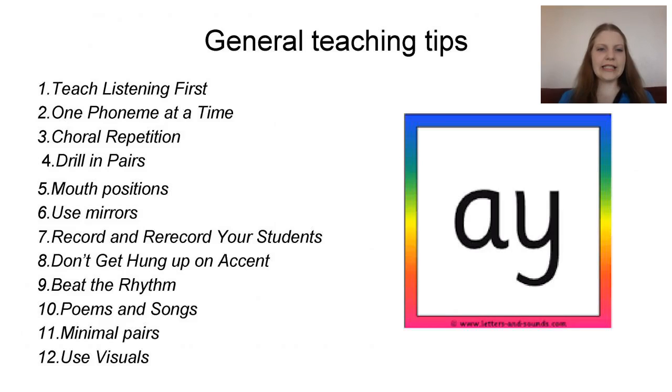And the next tip is, we've discussed a little bit about the accent, and again, I just want to stress that you shouldn't get hung up on the accent, and tell your students not to get hung up on the accent as well. So teaching good pronunciation skills in English is not the same as eradicating a first language influenced accent.